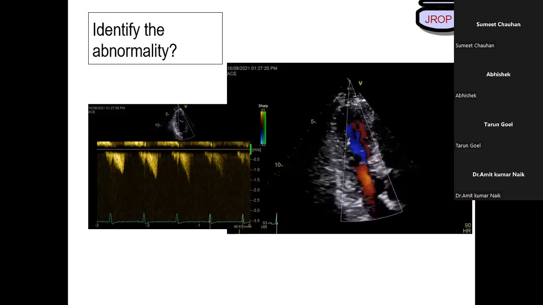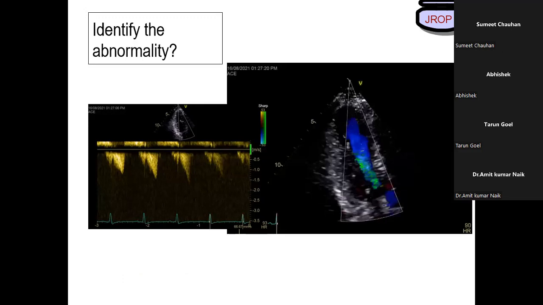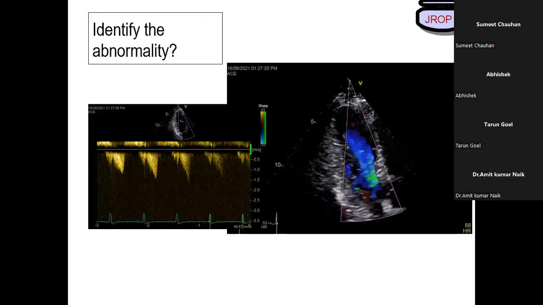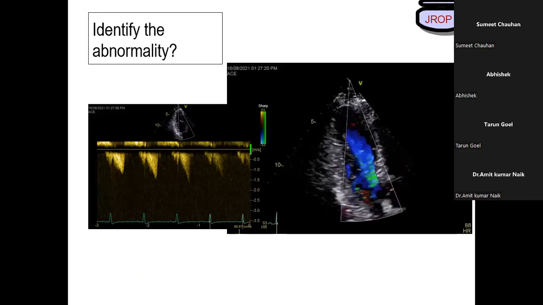Identify the abnormality, Sumit. Sir, this is a 3-chambered view, and turbulence is there in the mid cavity, I think. Perfect.